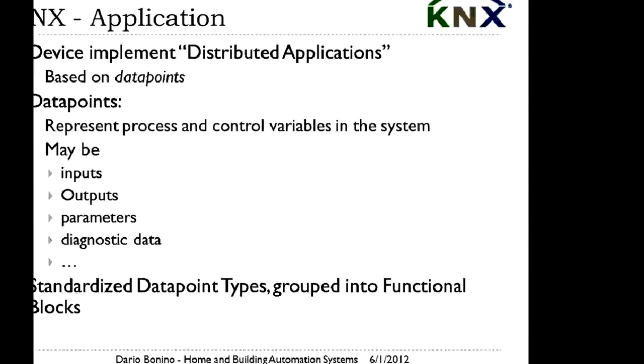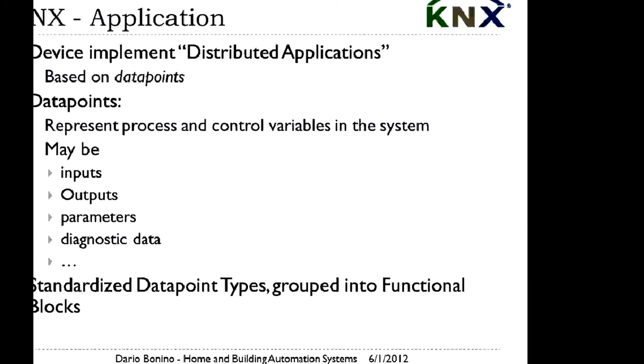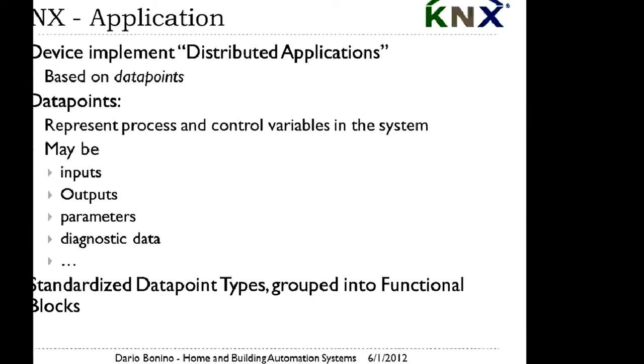What changes is whether the meter is just a single meter or a multiple meter. In that case, there will be more or fewer data points, but the types are the same. So if you are expecting a current data point, then the current data point is present in an ABB meter or in a Schneider meter or in another meter, because they standardize these data point types.